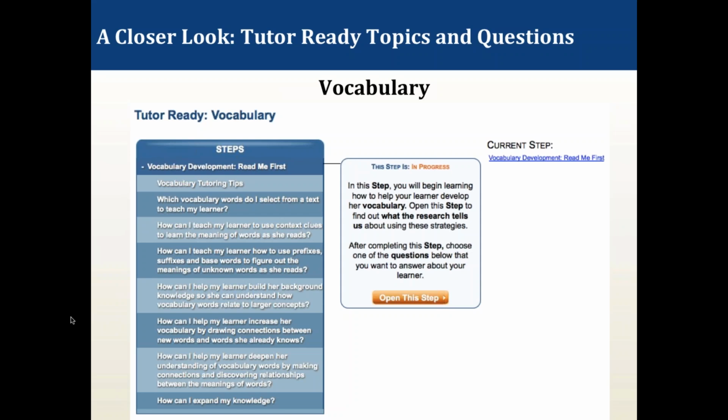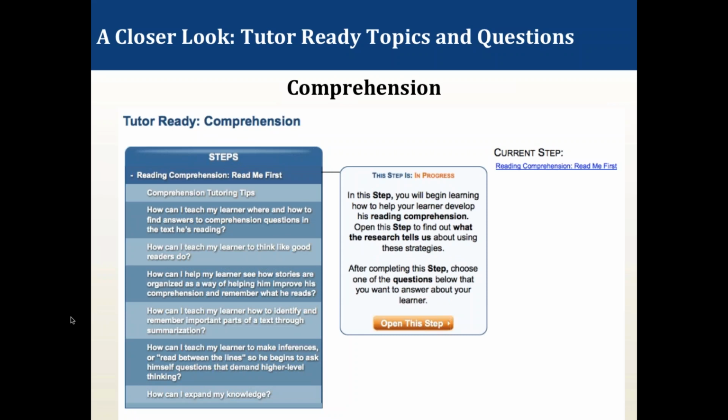And then comprehension. We really pay attention to comprehension strategies because a lot of people only teach learners to comprehend or understand a particular text. We don't do that. We are focusing on comprehension strategies so that learners will have strategies they can use with any text to help them understand it better.